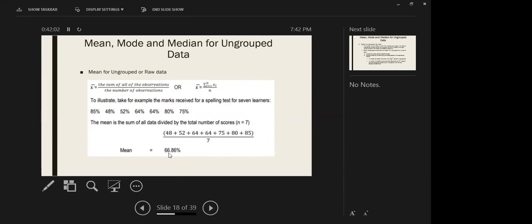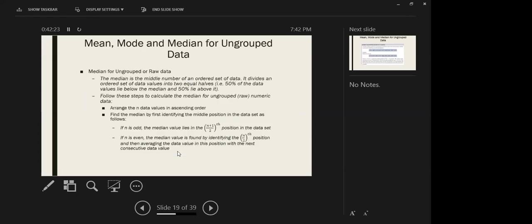So you come to find out that the mean is 66.86. So basically we are saying that each student roughly got 66.7%, right? So the marks of 7 students are being explained by one central value. That's what measures of central tendency do, right?